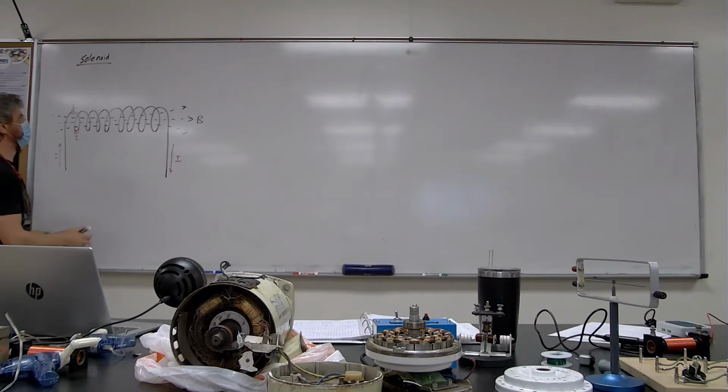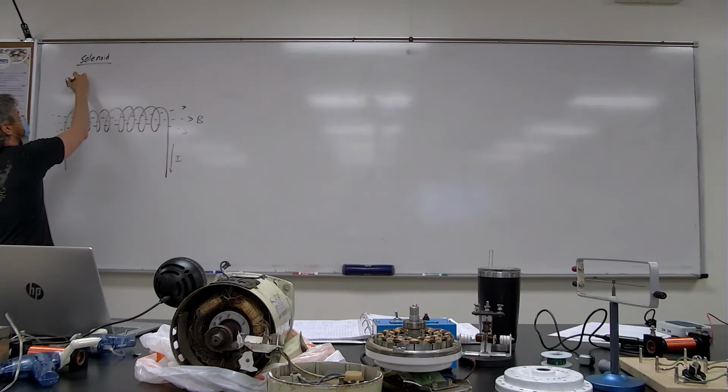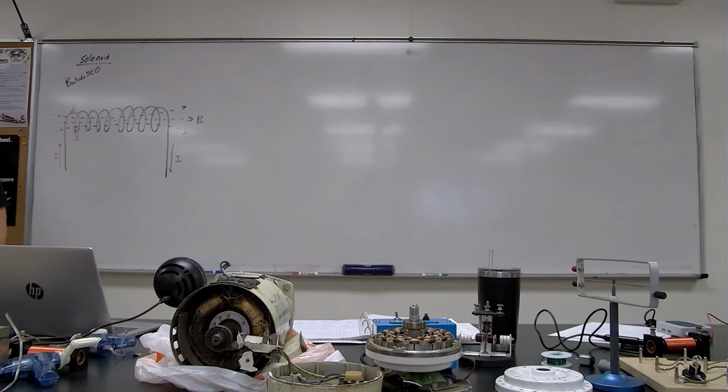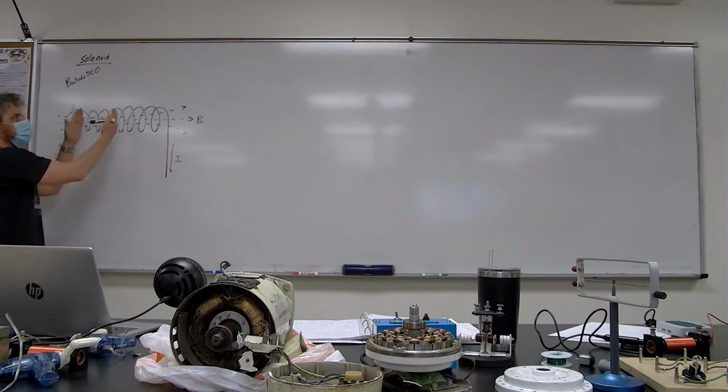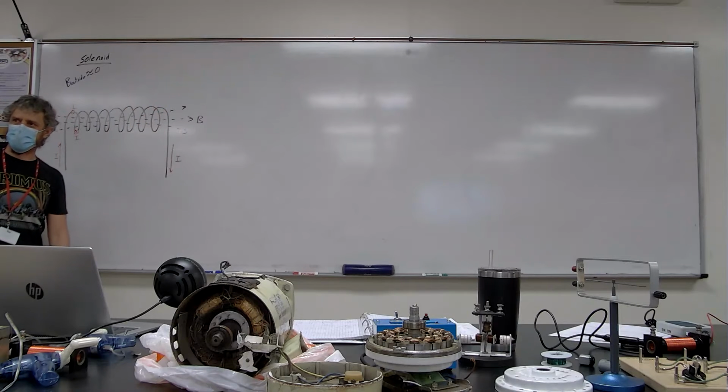And so that's why the magnetic field outside of the solenoid is approximately zero. It's not exactly zero, as you'll see. I'll show you. But it's pretty close to zero. Okay. Especially the longer the solenoid gets and the smaller its radius is.